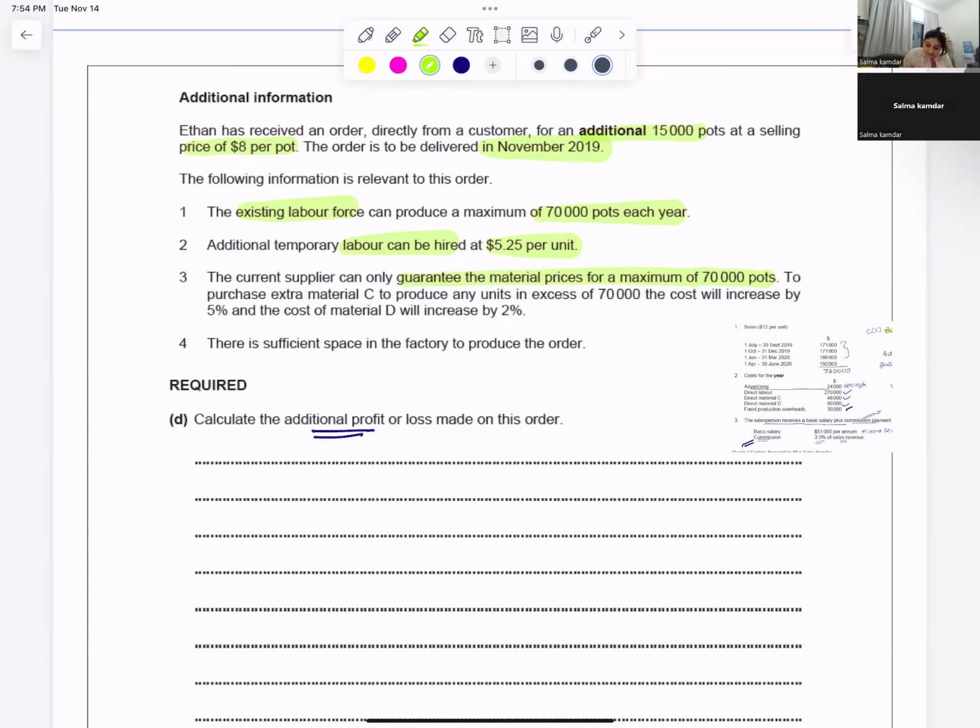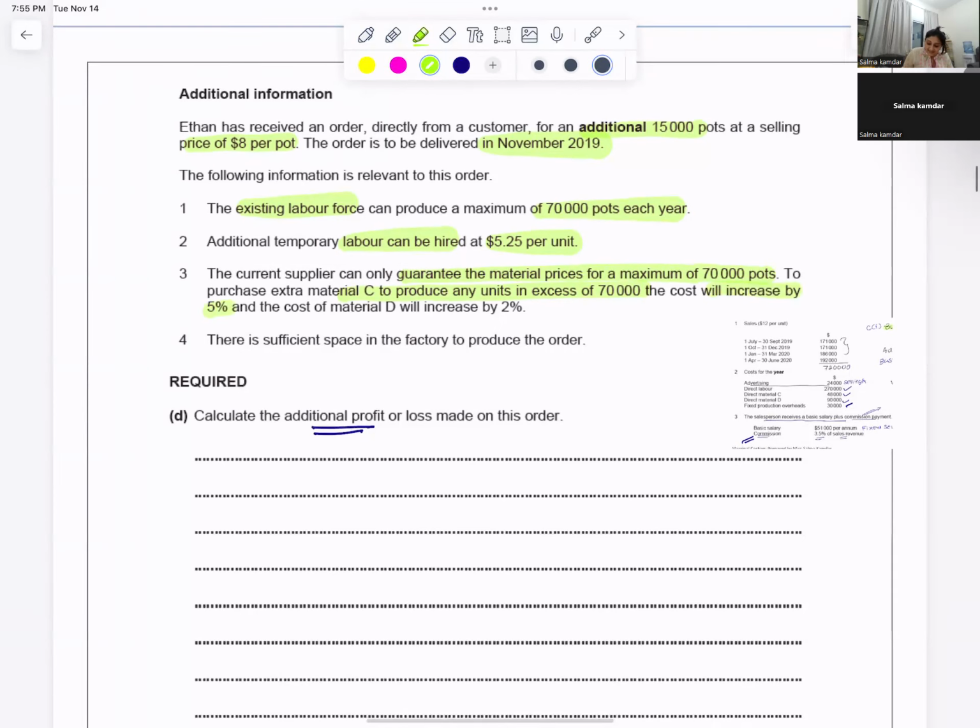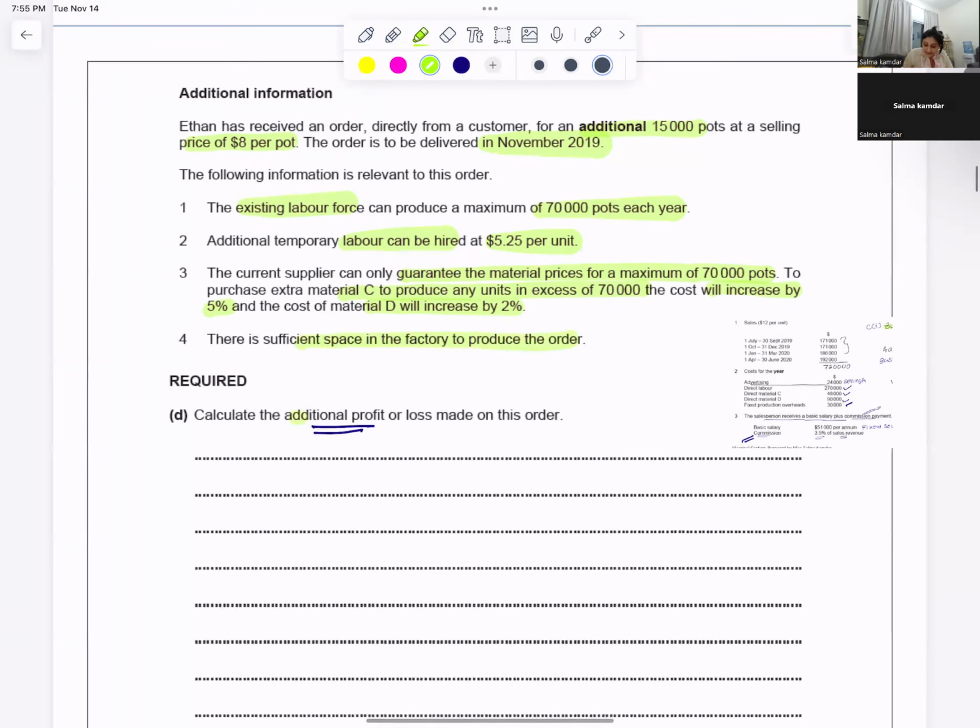To purchase extra material C to produce any units in excess of 70,000, the cost will increase by 5% and the cost of material D will increase by 2%. There is sufficient place in the factory to produce the order. They want to find out the additional profit or loss made on this order.